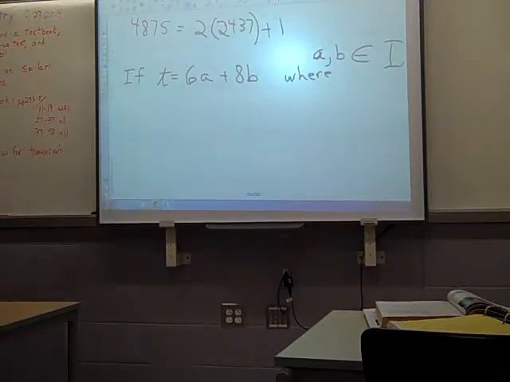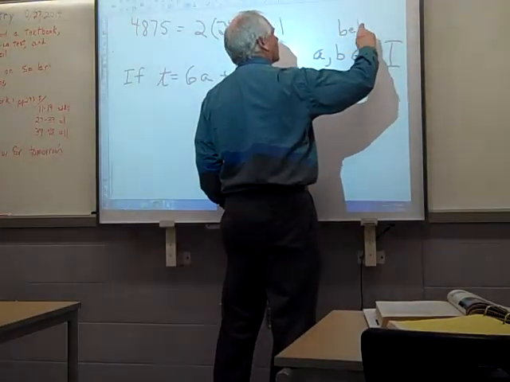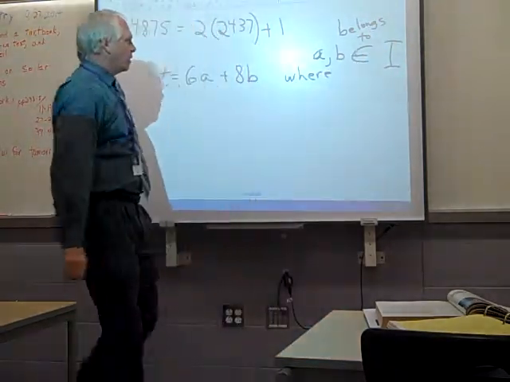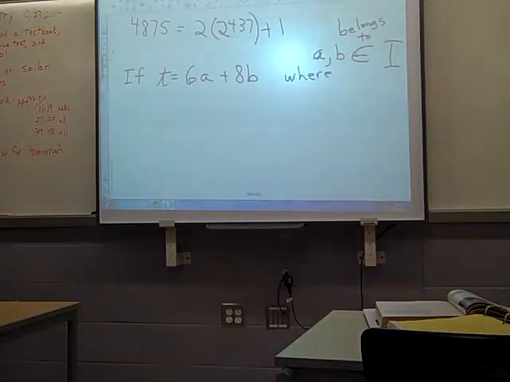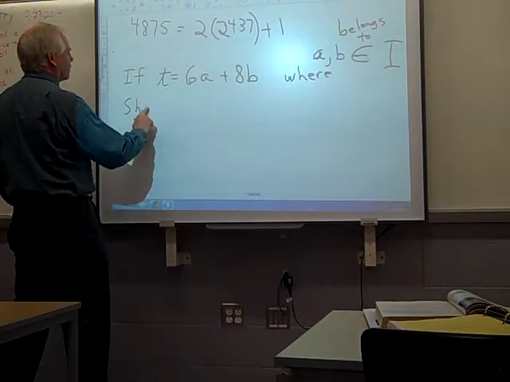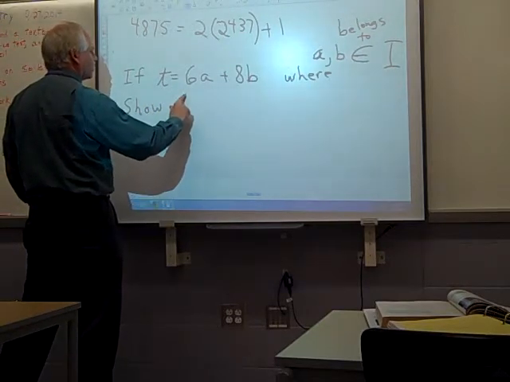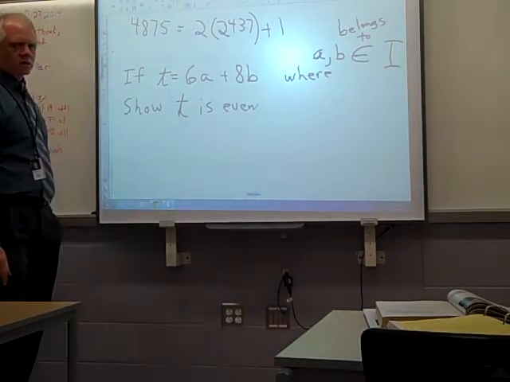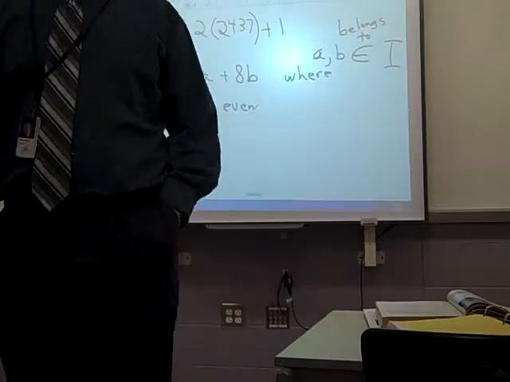Belongs to is what that means. If t equals 6a plus 8b, where a and b are integers, or belong to the set of integers, show that t is even. Show that t is even. I'm going to have to wrap this up.